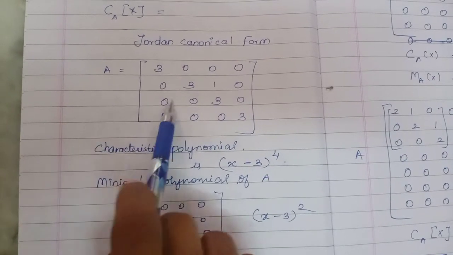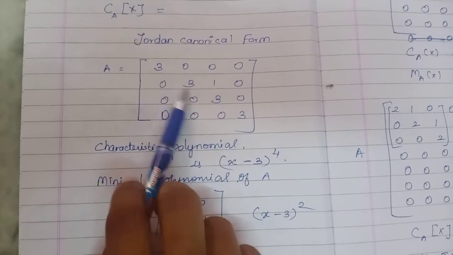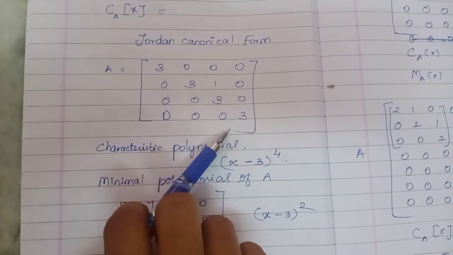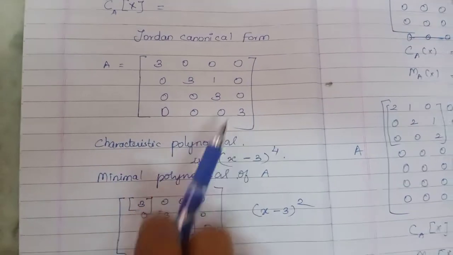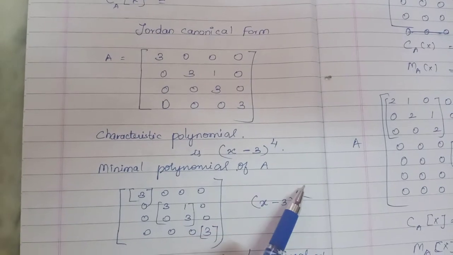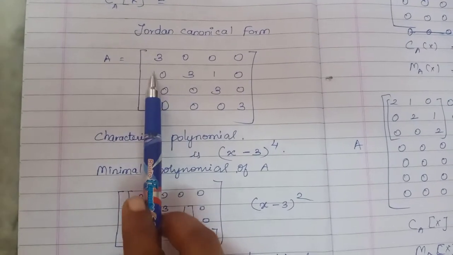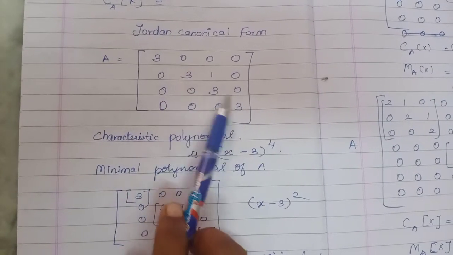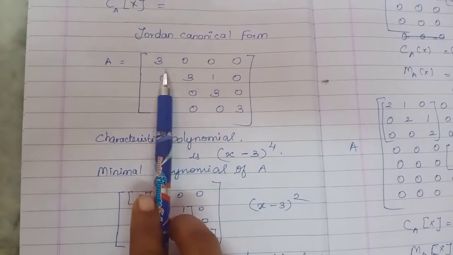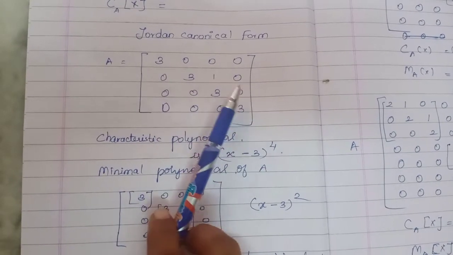Now the characteristic polynomial: how many roots? This is a 4 by 4 matrix, so we have 4 roots. And the minimal polynomial of A is given by, as I said, the 1 must be present above the main diagonal.